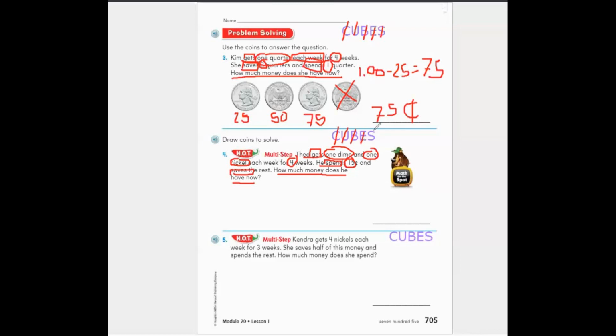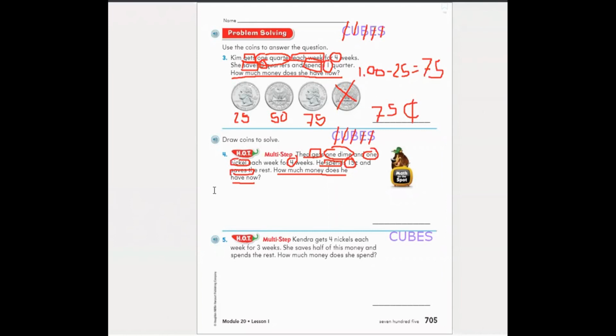Okay, now my strategy, my equation. Here it is very hard to draw. I have to draw the coins. So instead of that, I'm going to write the amount of money each coin is. I'm going to do it with orange.